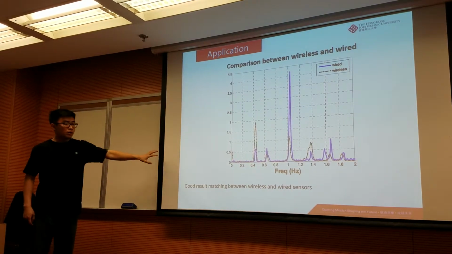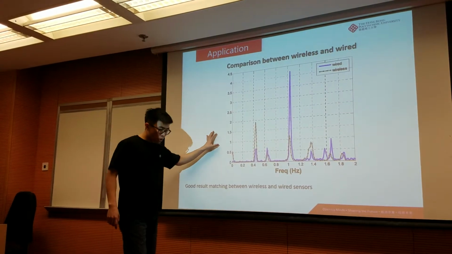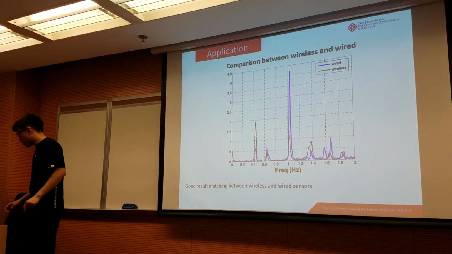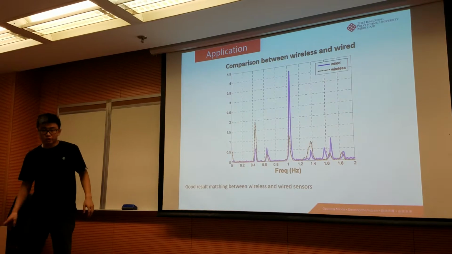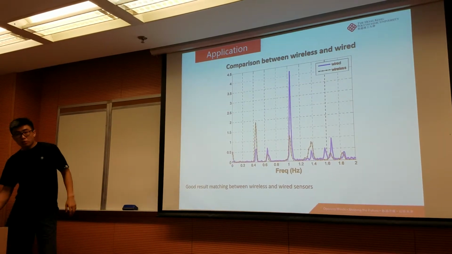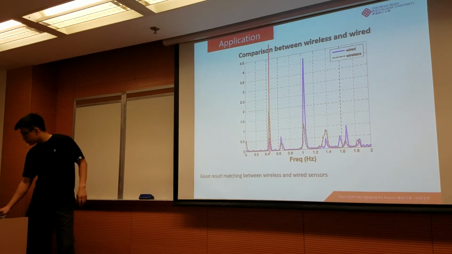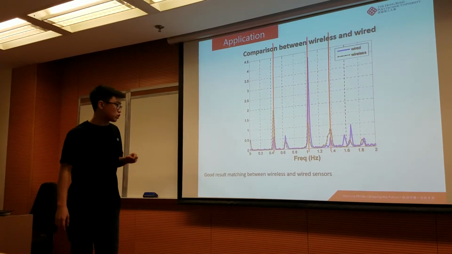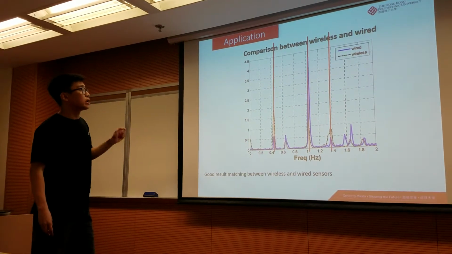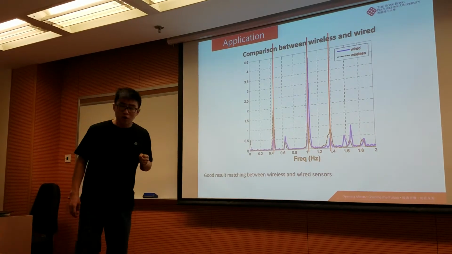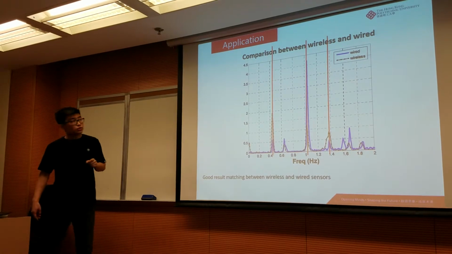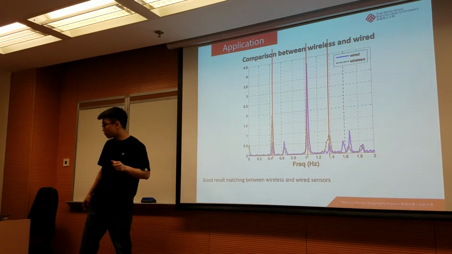This is a modal identification figure. Actually, we use modal identification to monitor the dynamic properties of our structures. So from this figure, you can find there is a very good match between the wireless sensors and the wired sensors. So this proves that the data reliability of the wireless sensor is also very high.